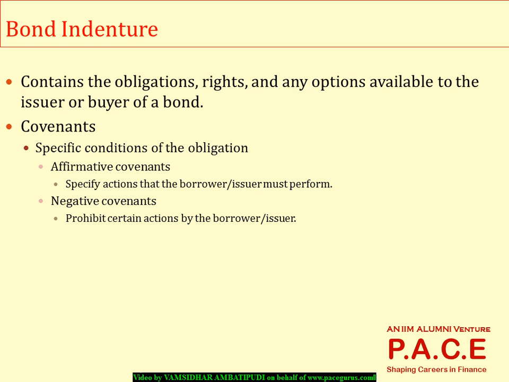It's like a prospectus, which talks about all the obligations of the company, of the borrower, with respect to the lenders, the do's and don'ts, what amount has to be paid at what intervals of time, what the payment modes are, and if the company defaults on payment, what other options are available.